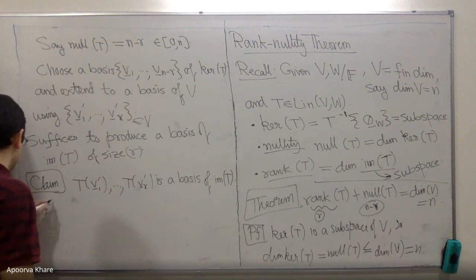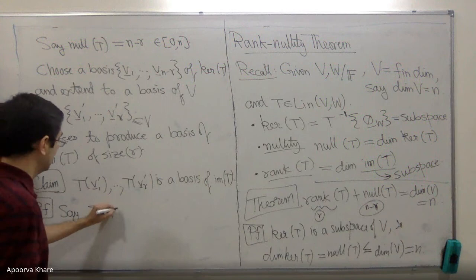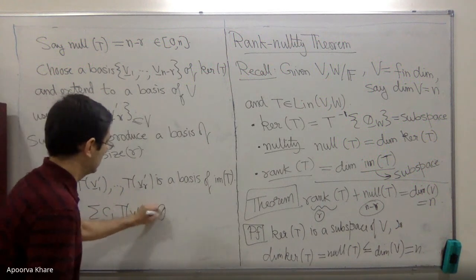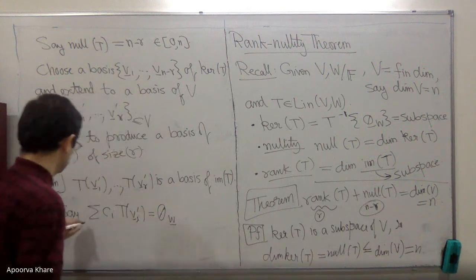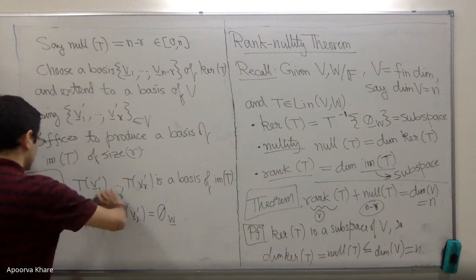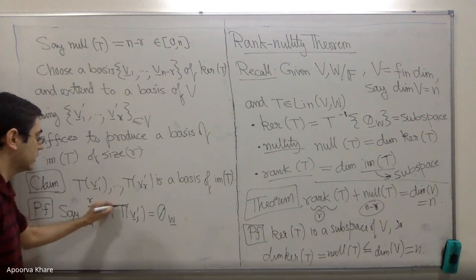So prove, part A: say summation ci T of v prime i equals 0. Of course, all these vectors sit inside W. Sorry, this is R, not N, that's the whole point. But well, what is the summation of ci T of v prime i?